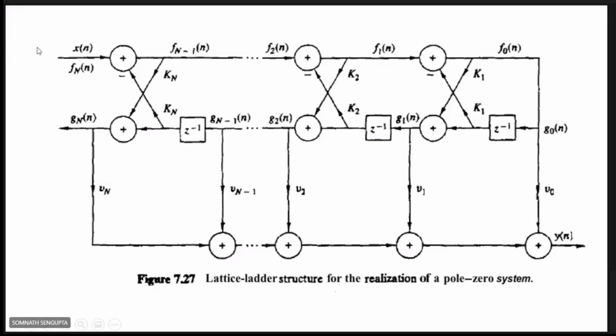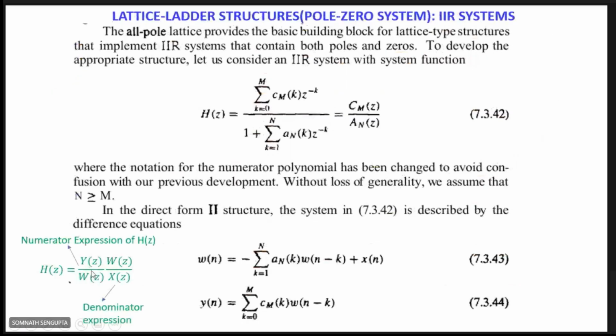So the top one is the lattice structure, but for the expression W(z) by X(z), that is the all pole system, 1 upon 1 plus summation a_N(k) z to the power minus k.